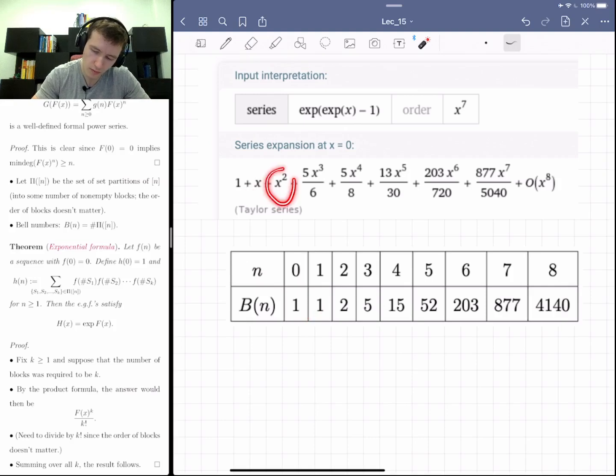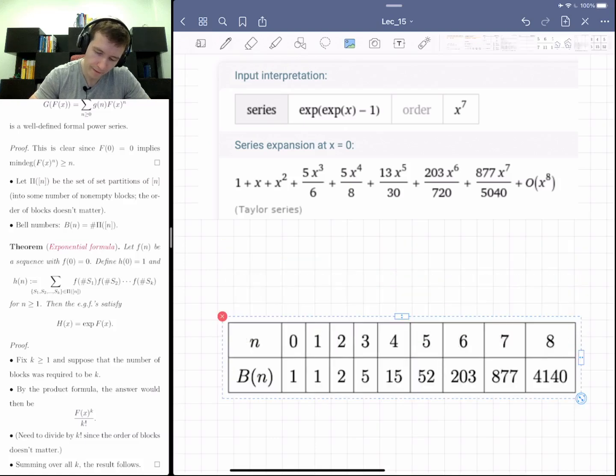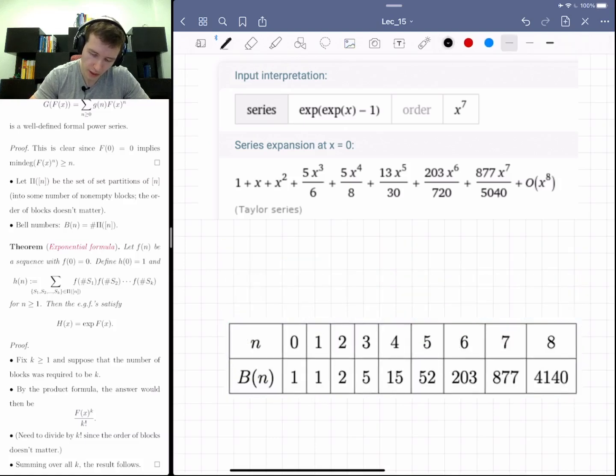So let me try. x squared is actually 2x squared over 2 factorial, and then 5x cubed over 6 is actually, well, that one's all right. 6 is 3 factorial, and 5 is here.